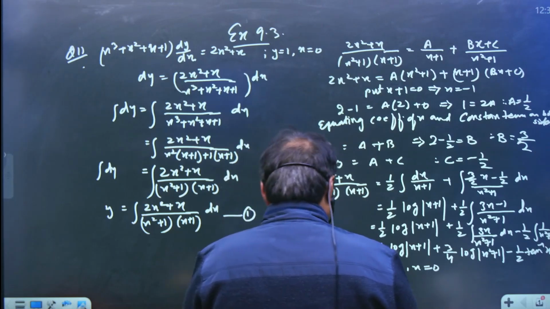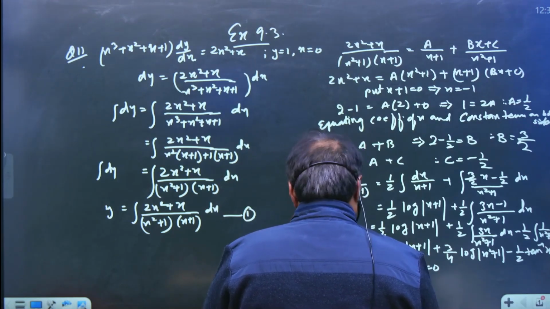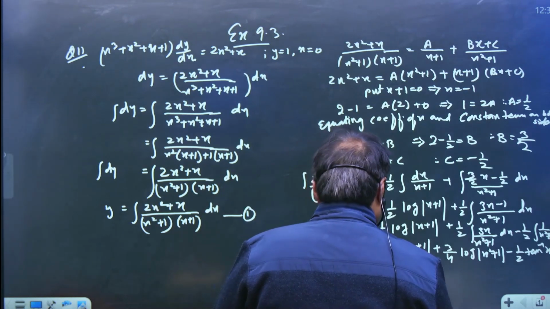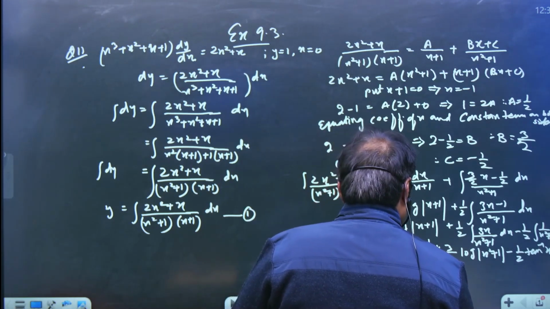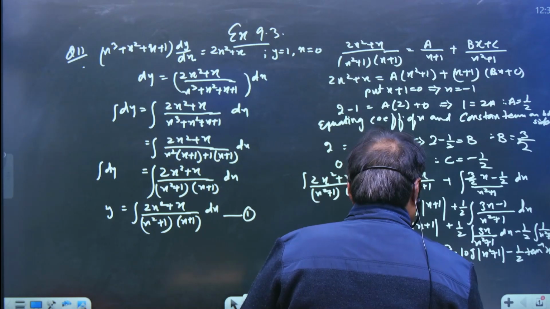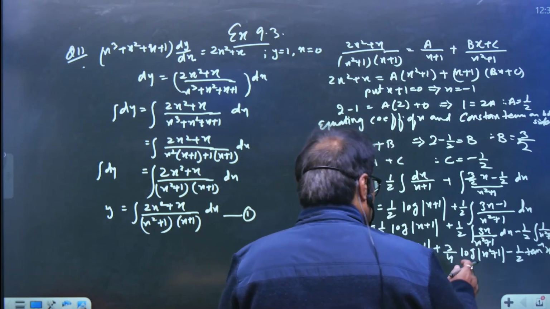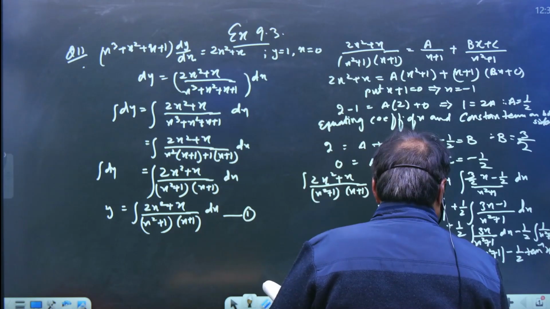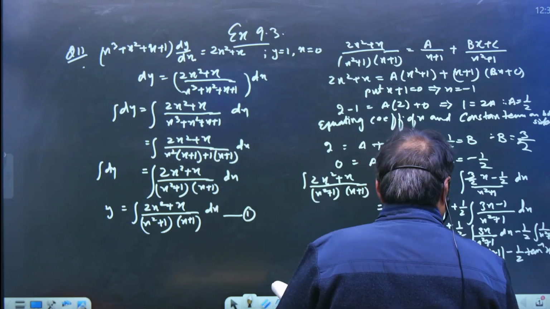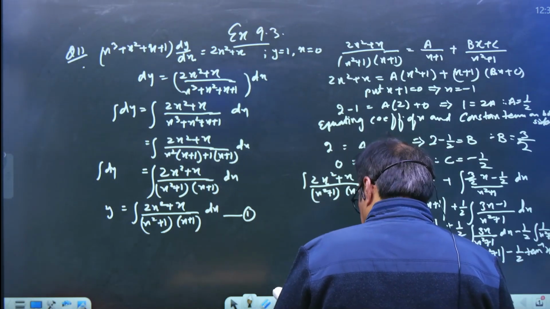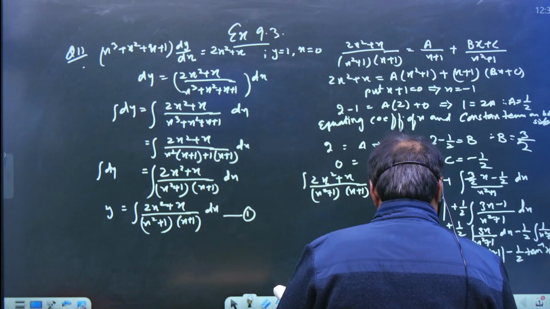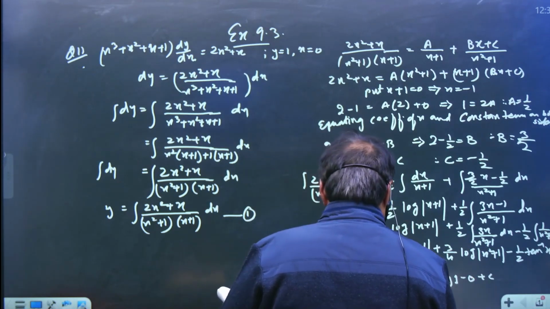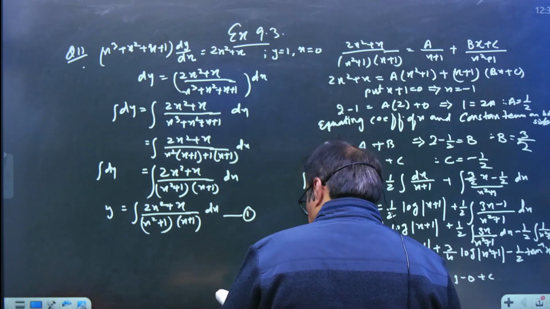So y is 1 equals 1 by 2, and x is 0, so it is log 1 plus 3 by 4 log 1, because x is 0. So log of 1 is 0, minus tan inverse 0 means 0, plus c, and log 1 is 0, therefore the value of c is equal to 1.